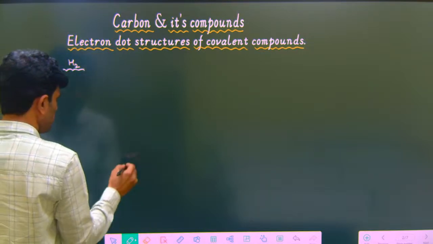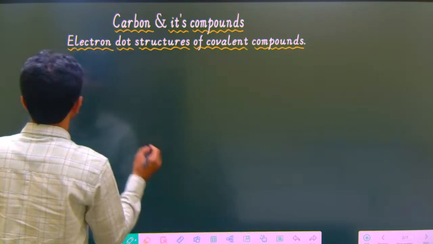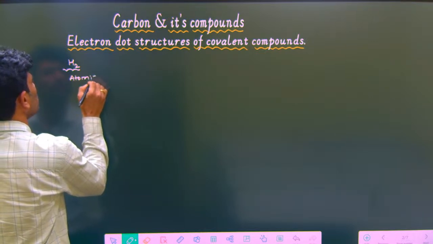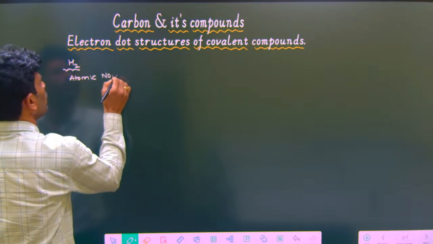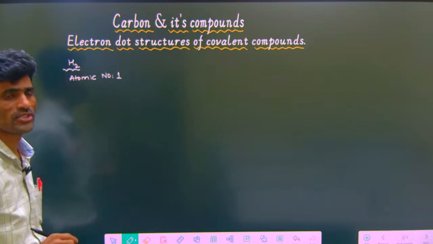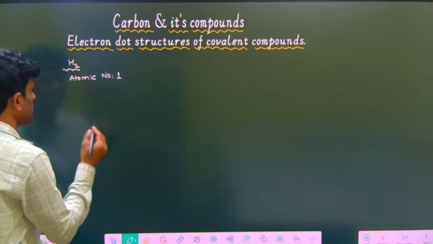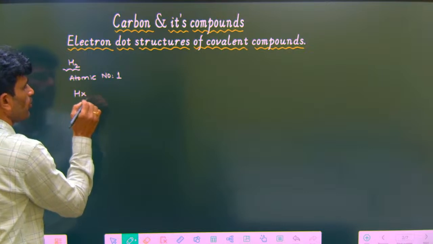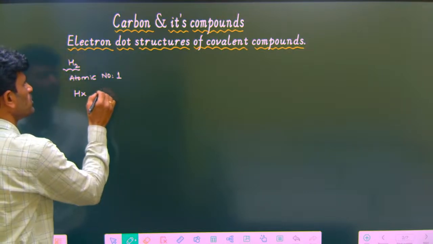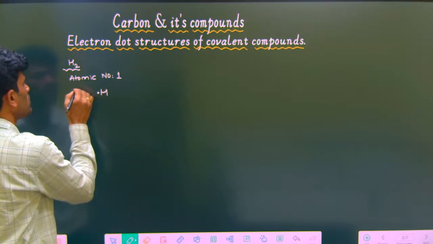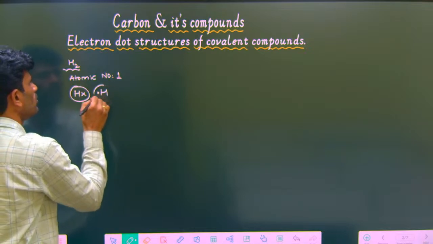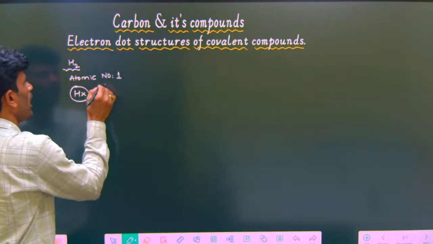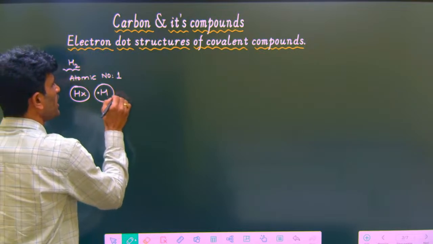What is the atomic number of hydrogen? Atomic number of hydrogen is 1. That means every hydrogen atom has only one valence electron. The first hydrogen has one electron and the second hydrogen has one electron; this is before bond formation. After that, each hydrogen gives one electron.